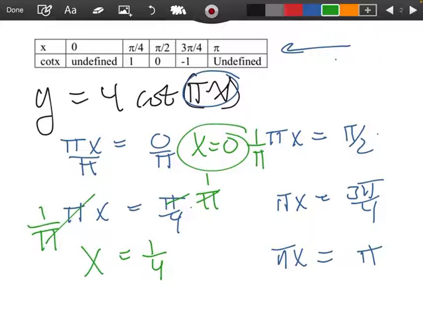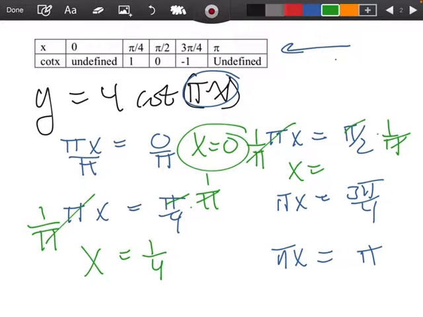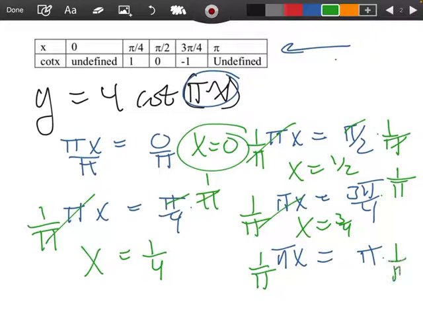And the same thing here, all the way across: we're going to end up with 1/2, and here we're going to get 3/4, and we're going to end up with 1.